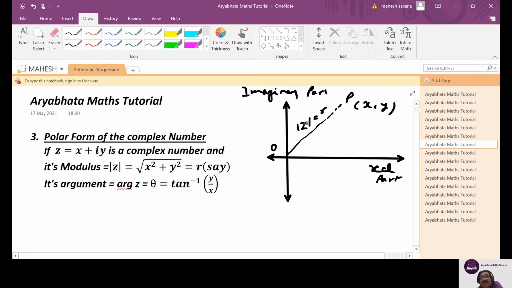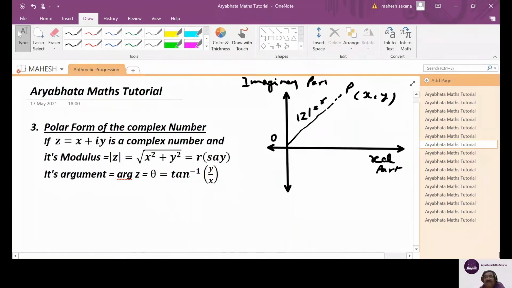We can easily find the modulus of z using this formula. We can find the argument of z. This angle is theta. We can use the formula argument z equals tan inverse y upon x.